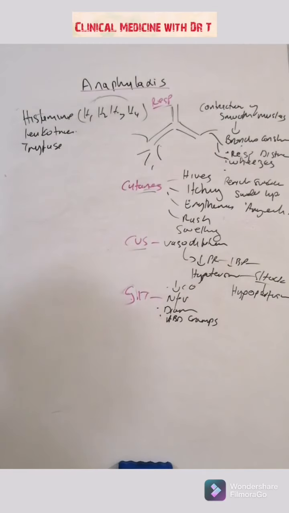So yeah, guys, imagine you give a patient an injection, a patient that has been sensitized. You give them an injection, and then in less than 2 minutes, they collapse on the floor. What would you do? This is what it's all about.